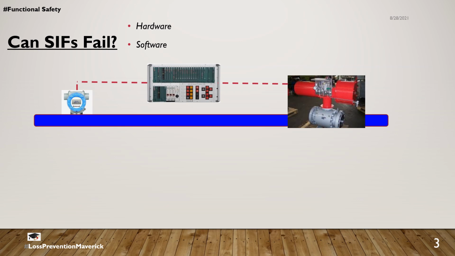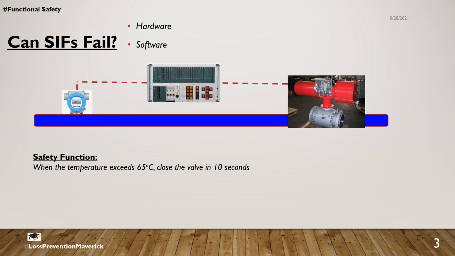As we see on the screen, there is process piping, and the piping has a temperature transmitter which has a dialogue with the logic solver, and the logic solver speaks to the emergency shutdown valve, and all of them are interconnected electronically. The safety function that the SIF caters to is that when the temperature exceeds 65 degrees Celsius, we ought to close the valve in 10 seconds.